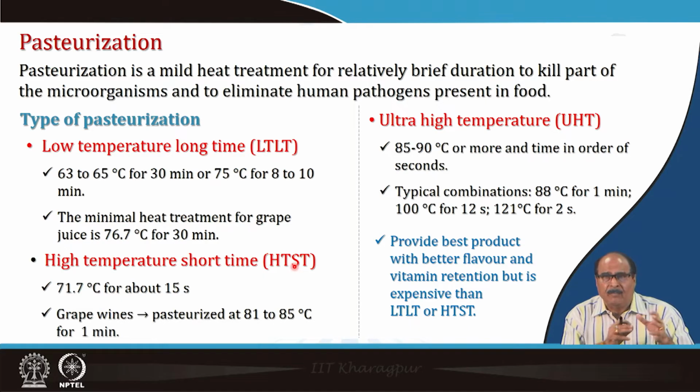Typical combinations of 88 degrees Celsius for 1 minute, 100 degrees Celsius for 12 seconds or 121 degrees Celsius for 2 seconds, etc. are used. And obviously the UHT, ultra high temperature, provides the best product with better flavor and vitamin retention, but it is generally an expensive process.